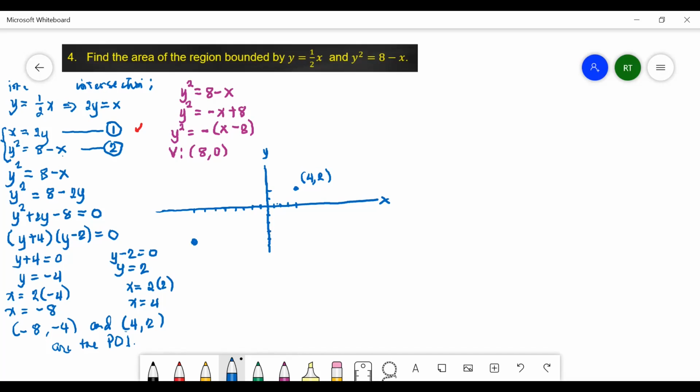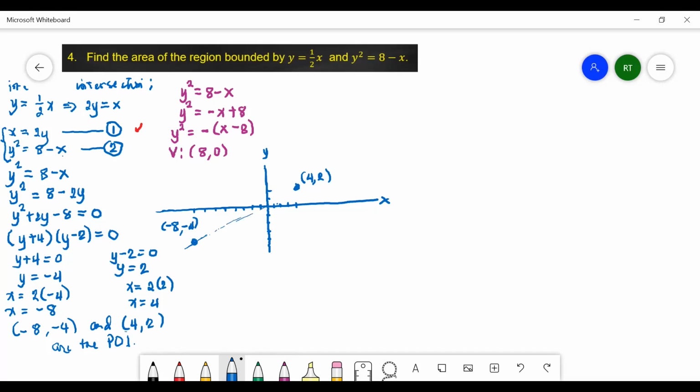And the coordinates are (-8, -4). And if you want to draw the line y is equal to 1/2 of x, or 2y is equal to x, we simply connect the two points of intersection. Of course, we know that the line passes through the origin.